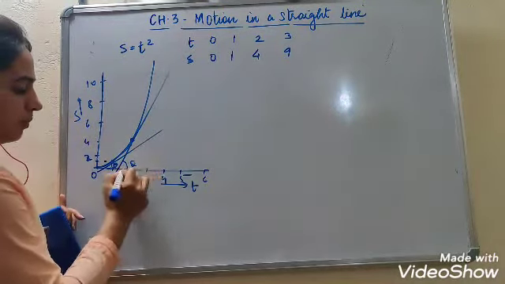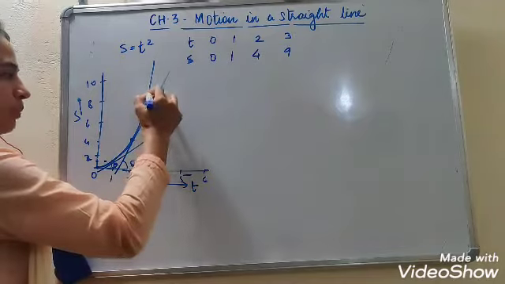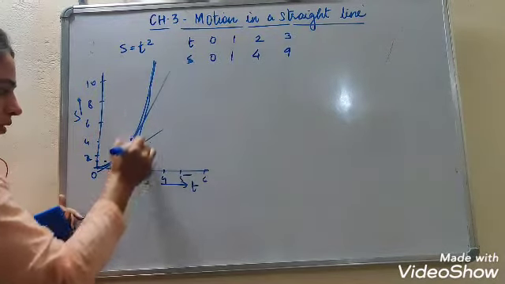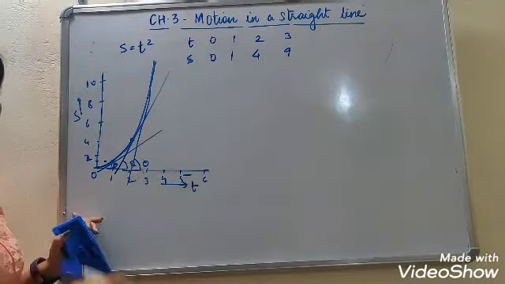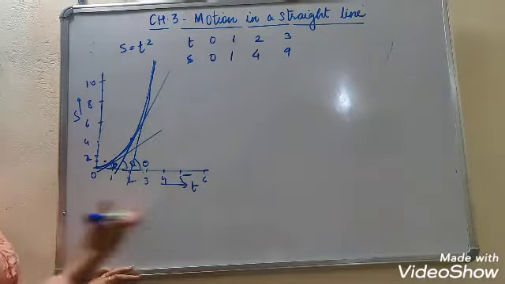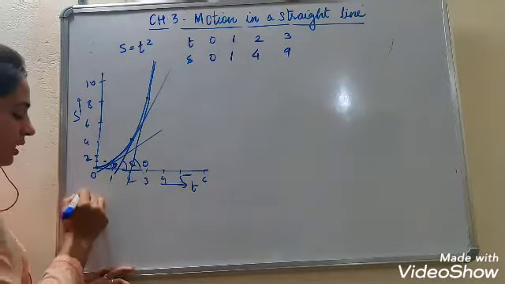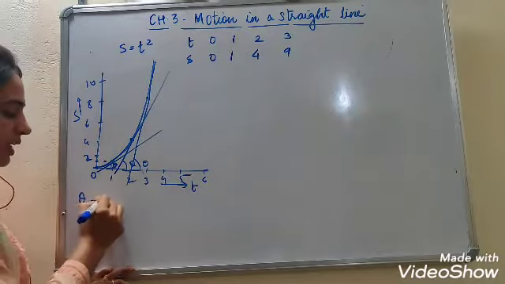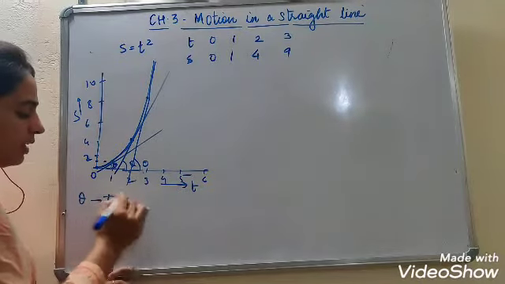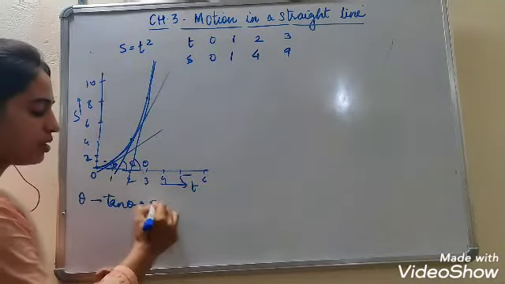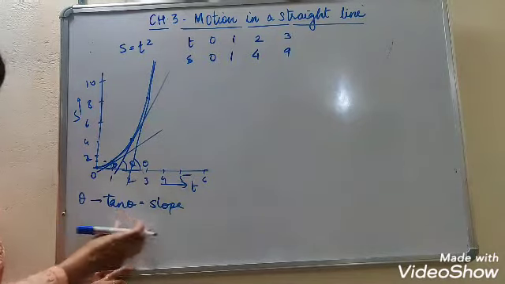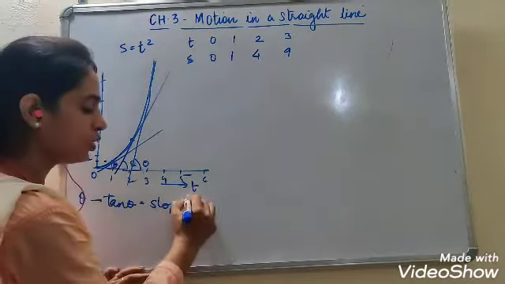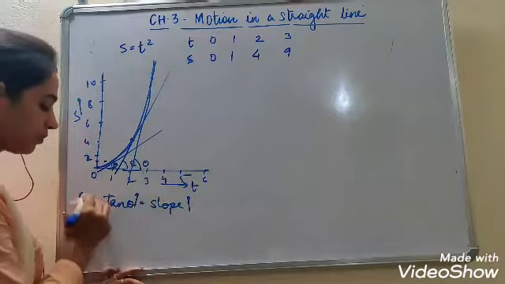Now, this is theta. Okay. What about this point? Now, this is theta. Can you see theta is going on increasing continuously for this curved graph? If theta is increasing, then tan theta is increasing. Tan theta is the slope of a graph. If tan theta is going on increasing, that means slope is going on increasing.